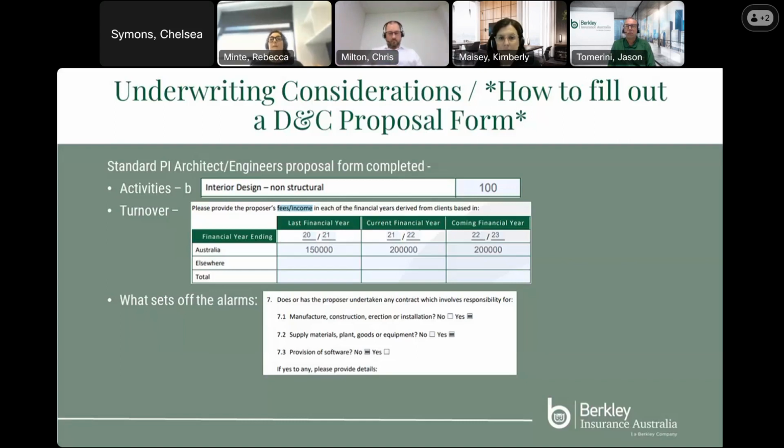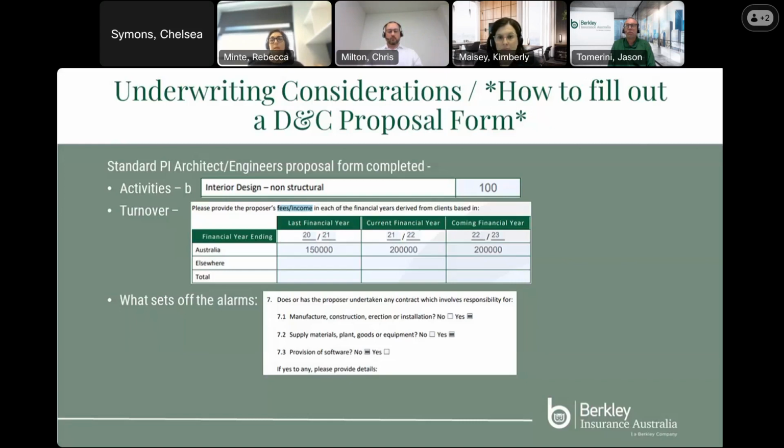Now when we think back to Kim's explanation of the supply of goods exclusion contained in a normal PI policy wording, we know that if we ignored this information and didn't ask any further questions, we run the risk of placing this client under the architect's PI wording, and they could potentially have a massive gap in their coverage.